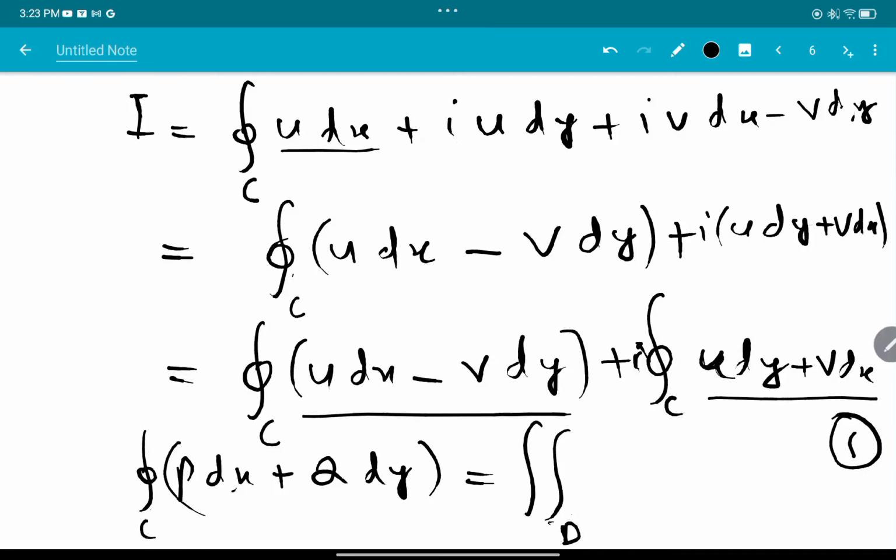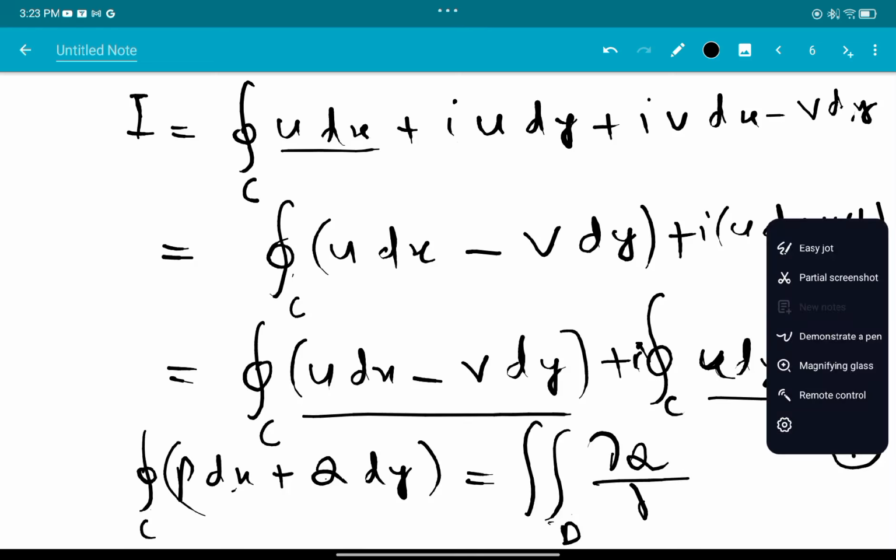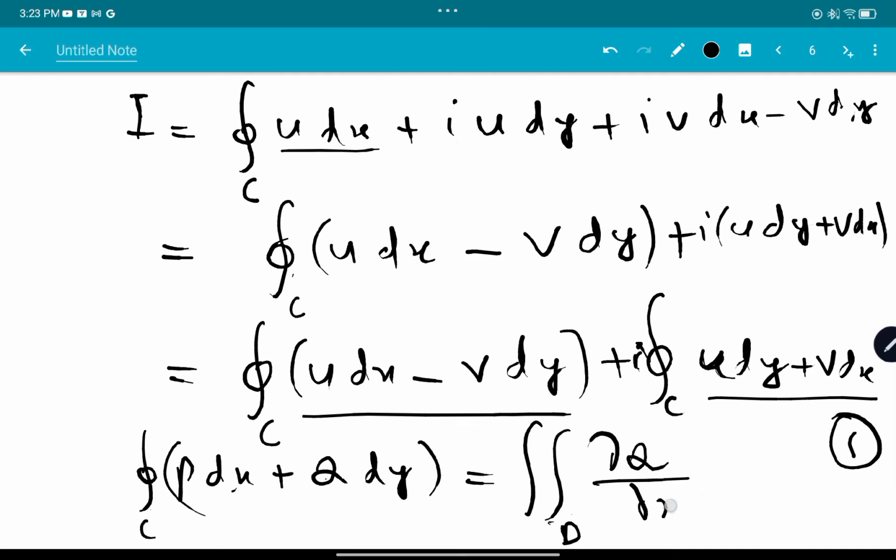Then this equals the double integral of del q by del x minus del p by del y, dx dy. This is our Green's theorem.